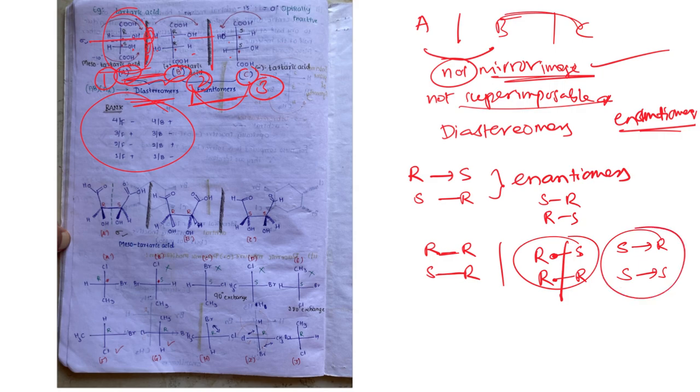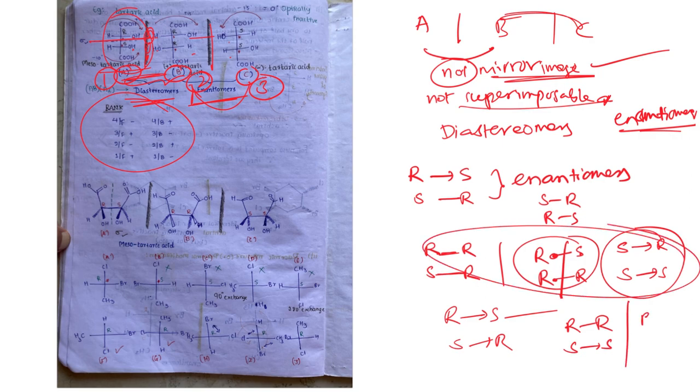Keep in mind, R mirror image S means enantiomer. S mirror image is R means enantiomer. R mirror image R means identical. S mirror image S means identical. But if more than one chiral center is present, then that time these are diastereomers. Keep in mind.